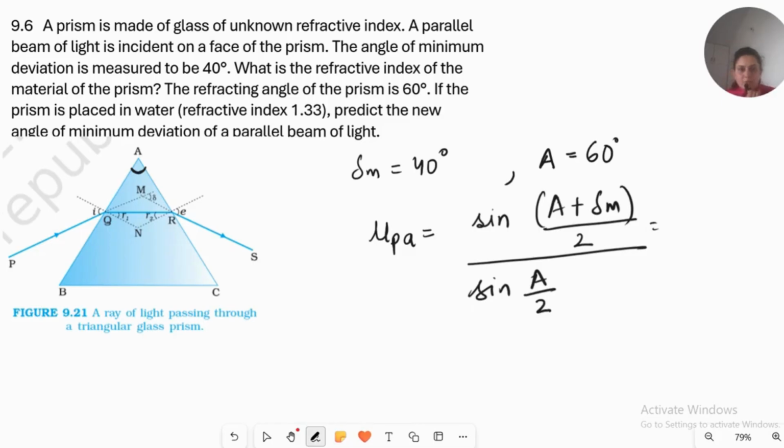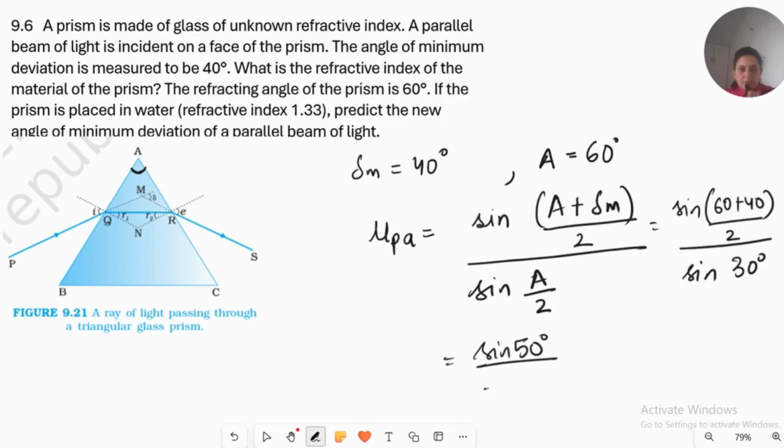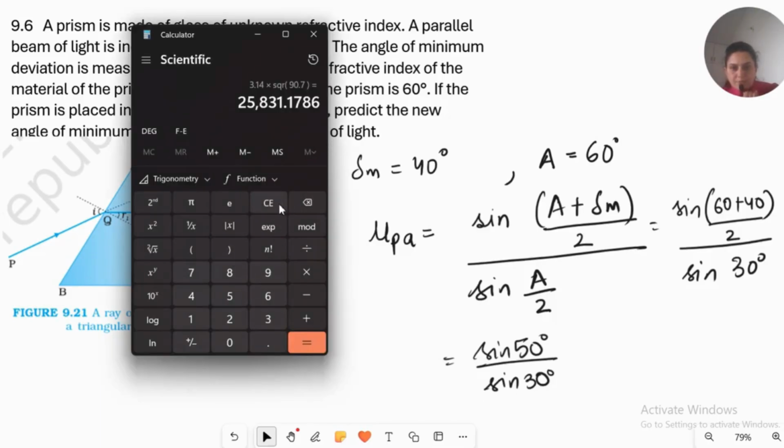According to which, sine of (60 plus 40) divided by 2, which is sine of 50 degrees, divided by sine of 30 degrees. Sine of 50 degrees we need to find. So sine of 50 degrees is 0.766.